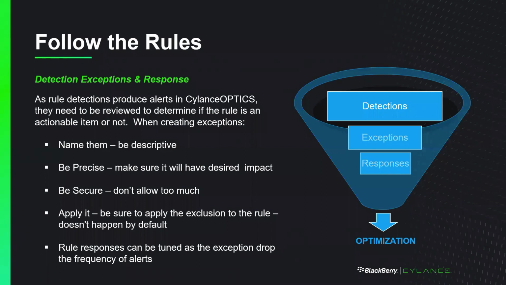I guess the moral of the story there is, measure twice and cut once. Make sure that you're being exacting and have a second look at the things you're adding into those exceptions.